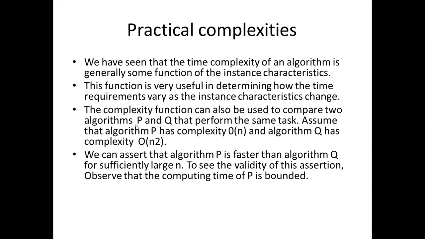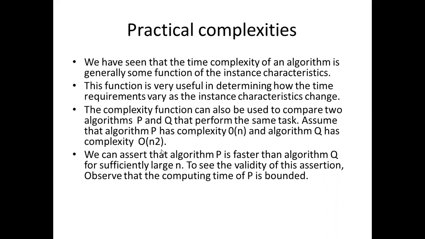P is doing the same task as whatever the algorithm Q is also doing. For example, you want to find a factorial of a number. Then P is finding the factorial of a number and Q is also finding the factorial of a number. So assume that algorithm P has complexity O of n and algorithm Q has the complexity O of n square.